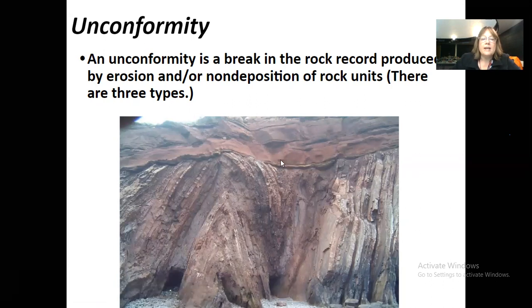This is a location in this rock formation where there was no longer any deposition and material had been removed. And then something happened again to cause renewed deposition, a period of time when material was deposited again. And that's illustrated by these layers that are flat and horizontal above the disturbed layers.